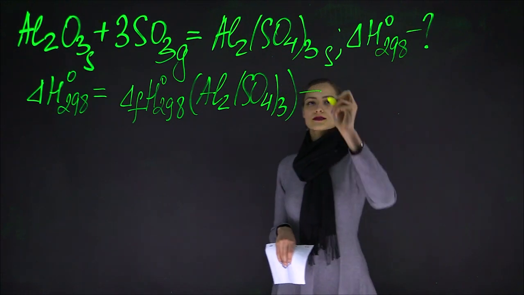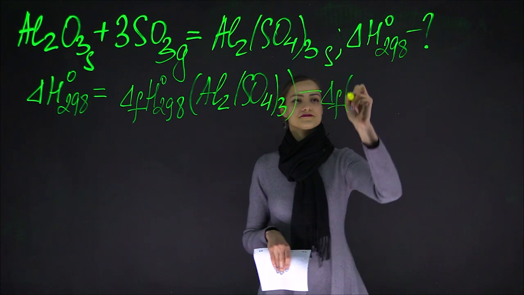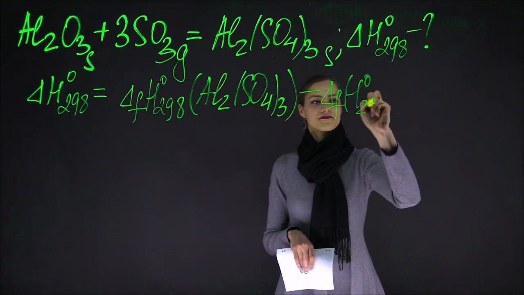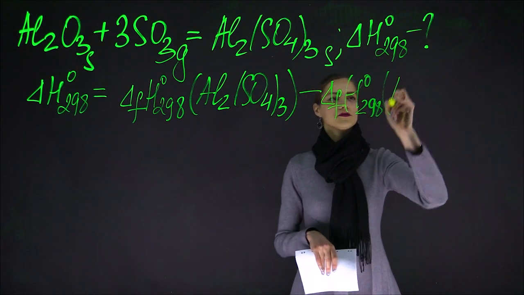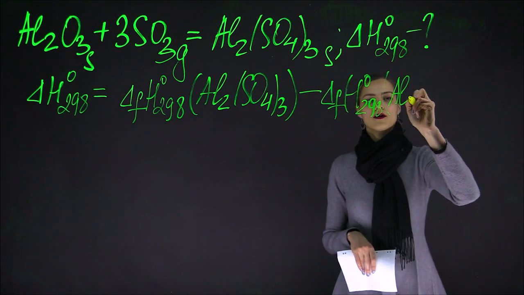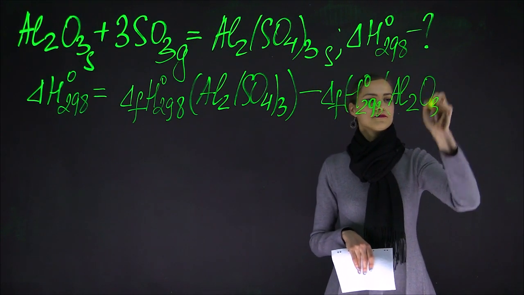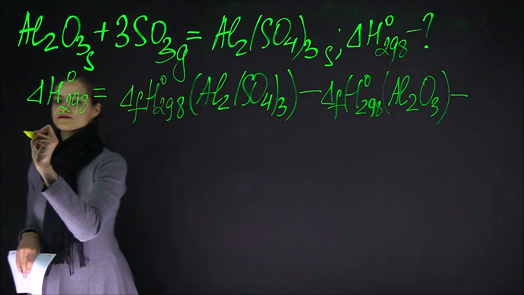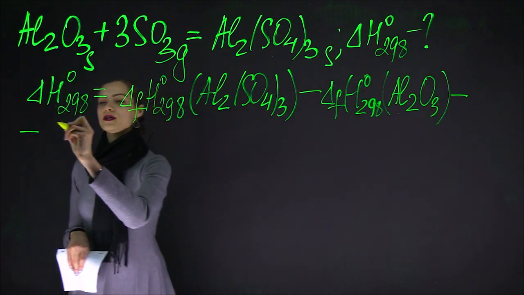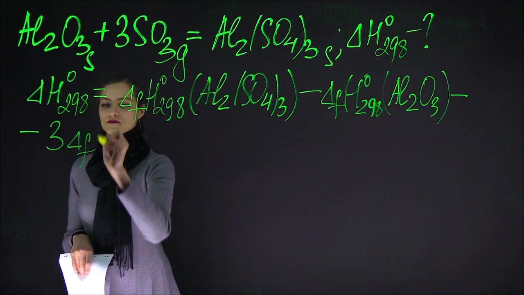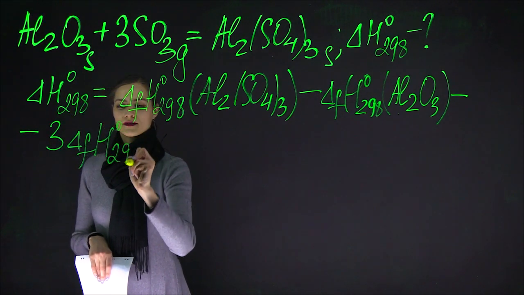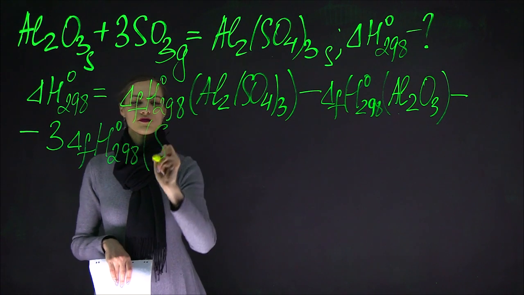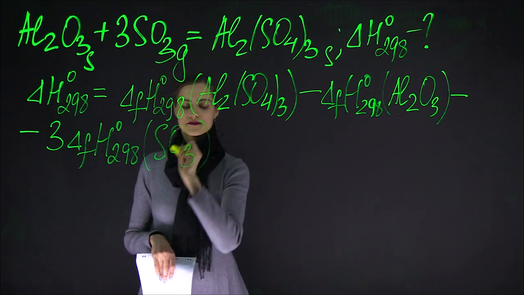Well, minus the standard heat of formation for aluminium oxide, Al2O3, and minus 3 standard heats of formation for sulfur oxide.